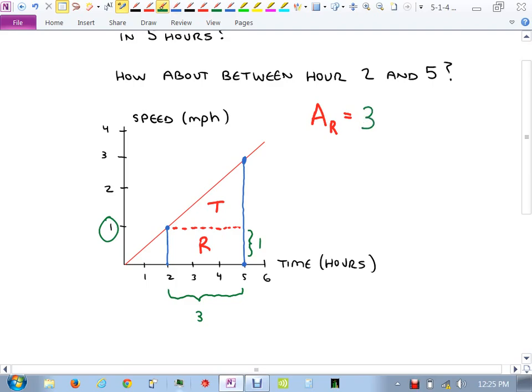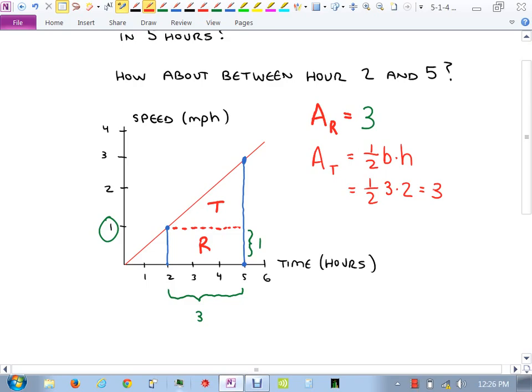Okay, what about the area of the triangle? It's 1/2 base times height, which the base is what? 3 again? And the height is 2. Everyone see that?